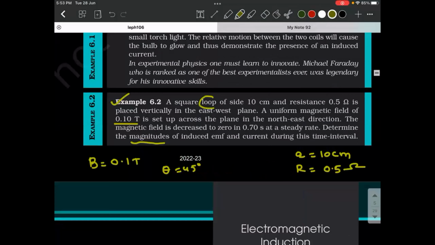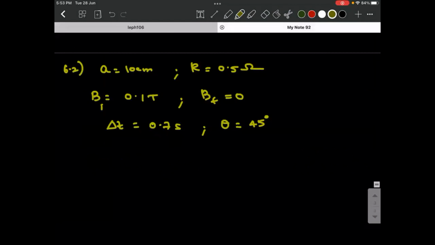If you see the word loop, loop is always one turn. Coil is always a number of turns, multiple turns. Loop is always one turn. So the n value is also equal to 1. I hope you understood the data, how to collect the data.